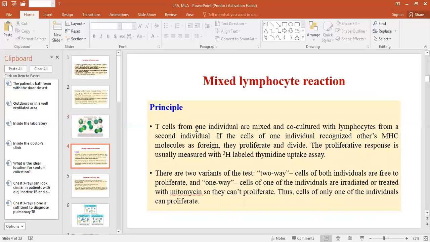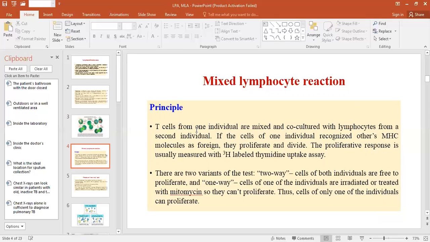Next test I'm going to discuss is the mixed lymphocyte reaction. So this particular test is useful and can be considered as a model that should be used by the pharmaceutical as well as the biotech industry to study alloresponsiveness to histocompatibility antigens.